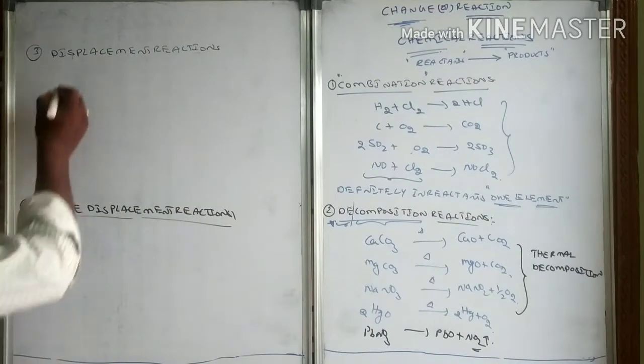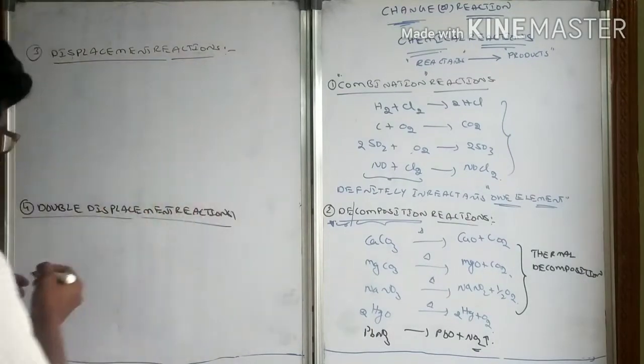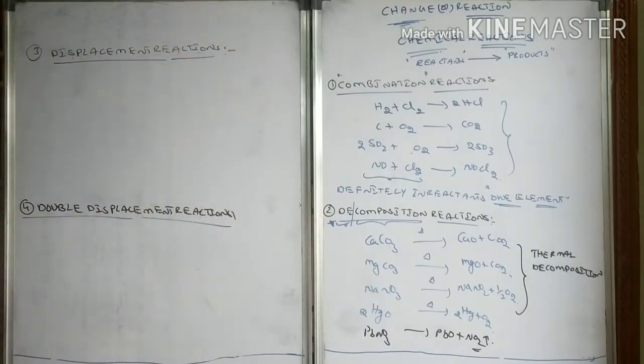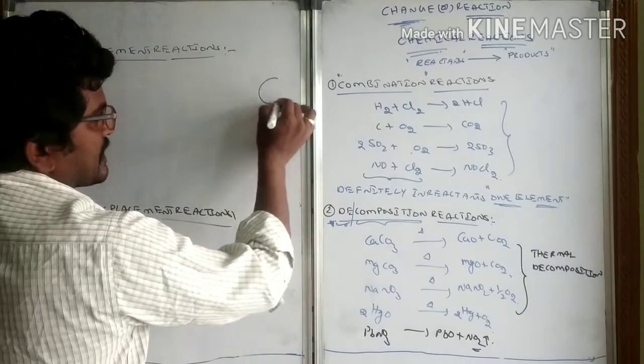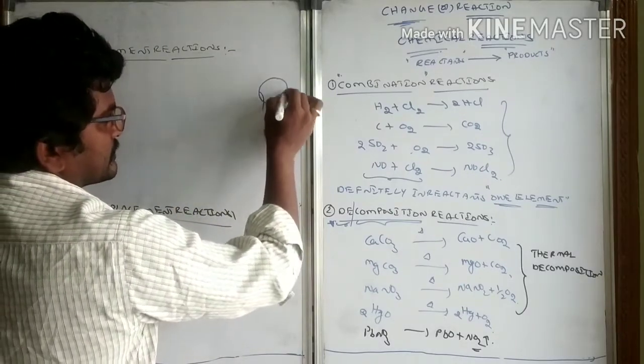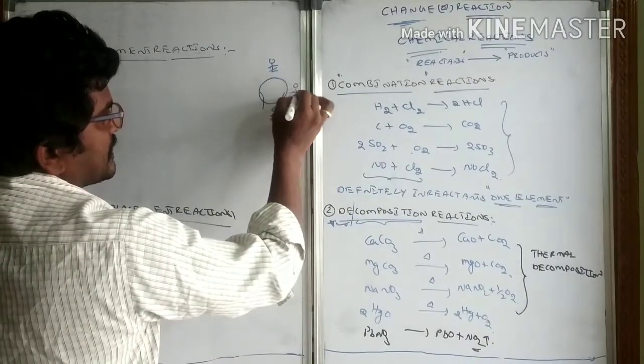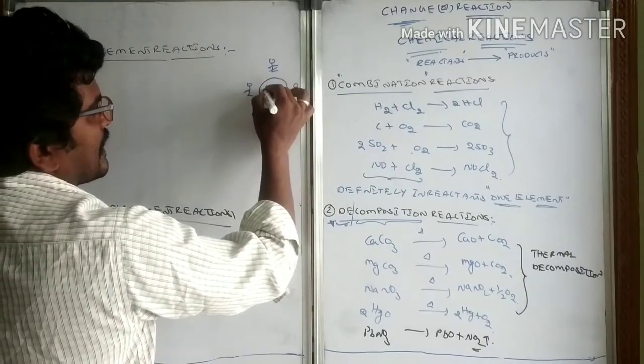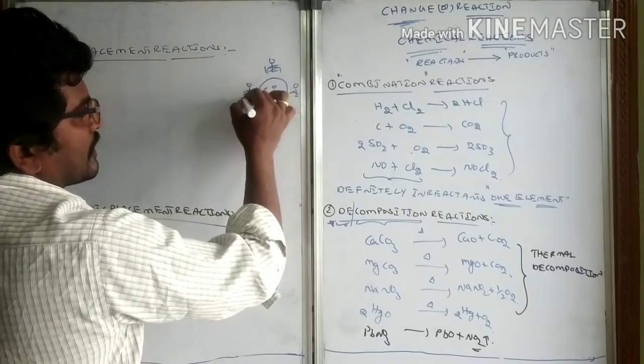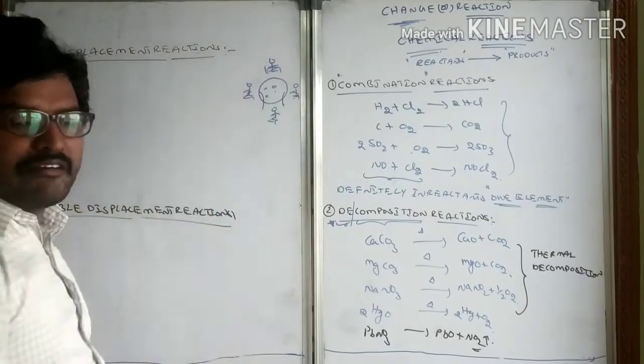Let's get into the displacement reactions. Let us see, for example, in a restaurant, there is a person sitting here, a person sitting here, and sitting here. They are having some snacks. Four people are sitting and having some drinks.